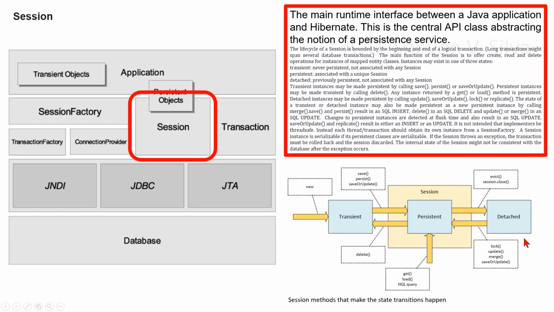This means that when we change the fields of a persistent object, we don't have to call save, update, or any of those methods to get these changes to the database. All we need to do is commit the transaction, flush the transaction, or close the session.